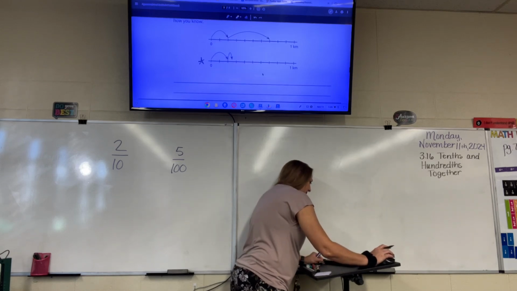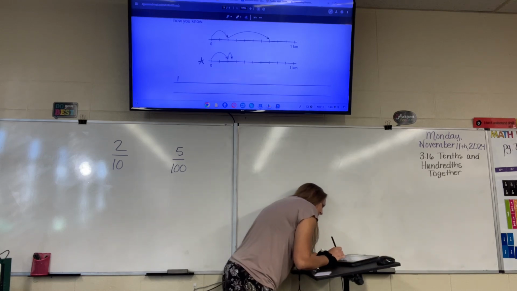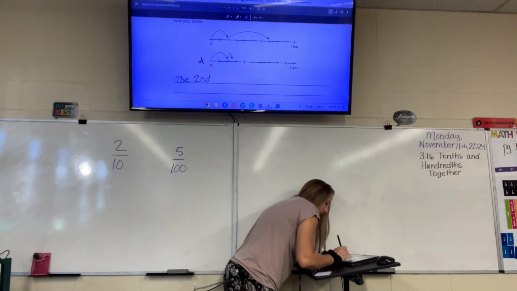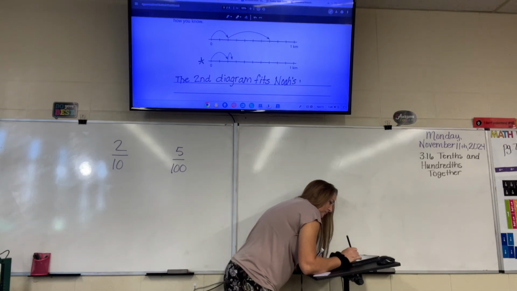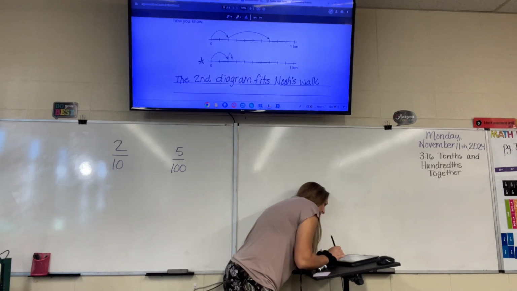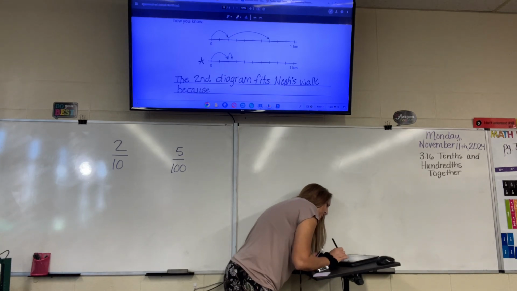And then we're going to write down the second diagram. That's Noah's walk. Because 2/10 is greater than 5/100ths.